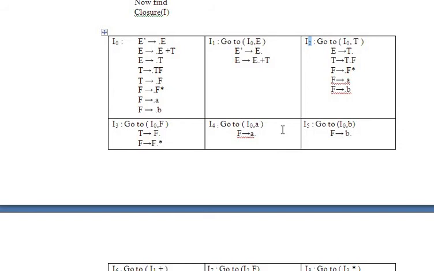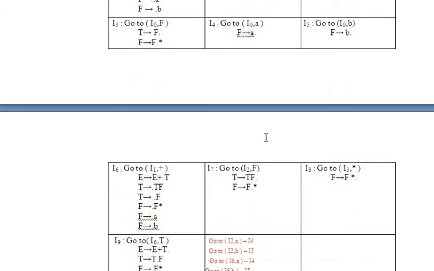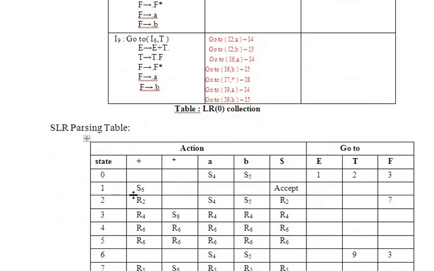Then find the follow of this non-terminal. Follow of E is plus and dollar. So in the second row, write a reduce entry in plus and dollar.